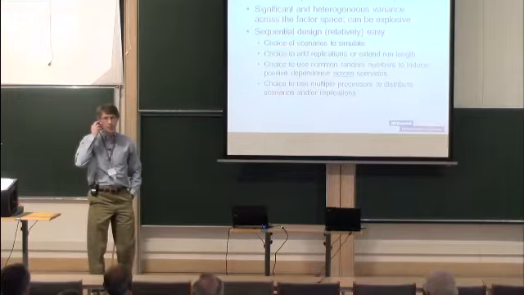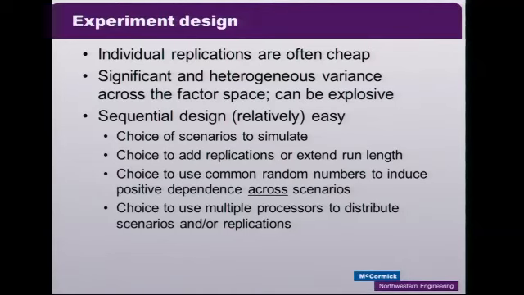Now, when it comes to experimental design, a big difference is that, although not always, often individual replications are relatively cheap. So we're not talking about 6 hours or 12 hours or 24 hours to get one replication, although you're going to see some exceptions in the first two talks today. But often the replications are cheap. However, we have significant heterogeneous variance across the response space. And in fact, it can be explosive.